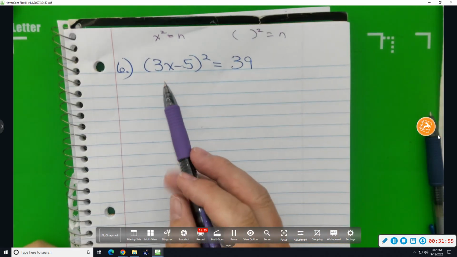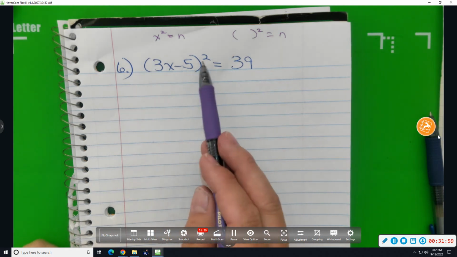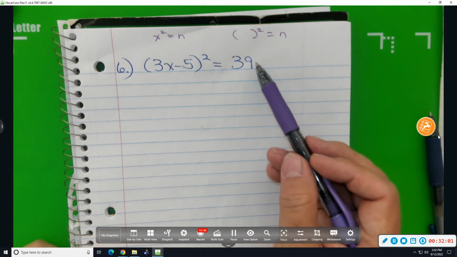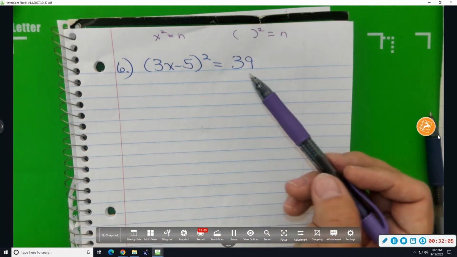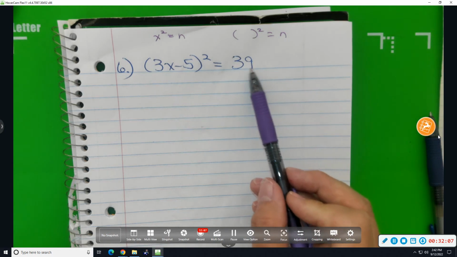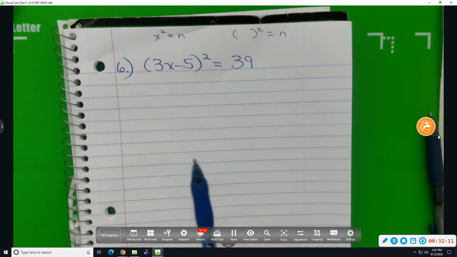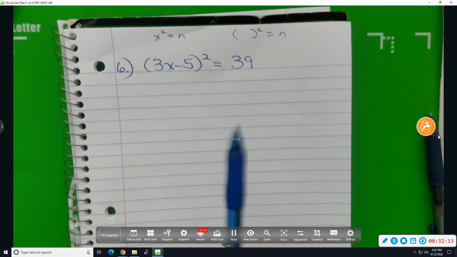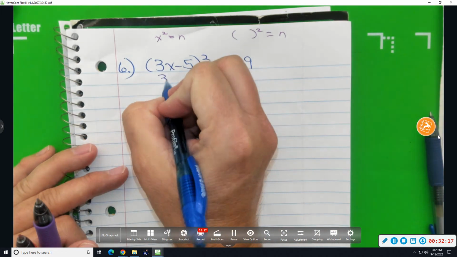And I think that's what we have here, a binomial being squared. Now, if we had a 36x, then forget it. We couldn't use the square root method. But the fact that we have that number there by itself, we can use it. We drop the square, so that's just going to be a 3x minus 5.